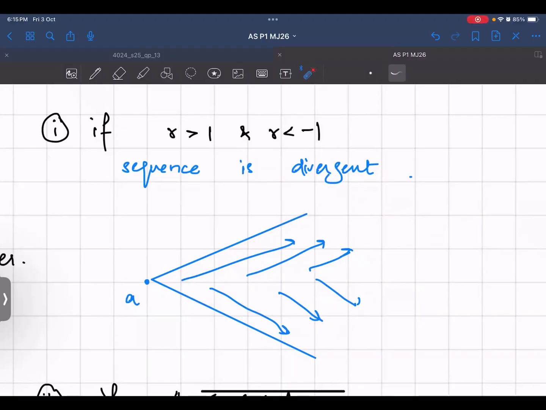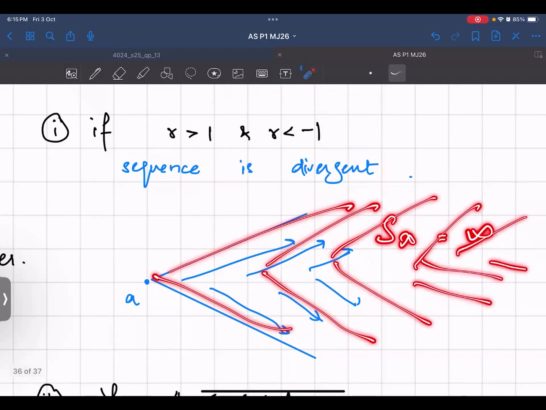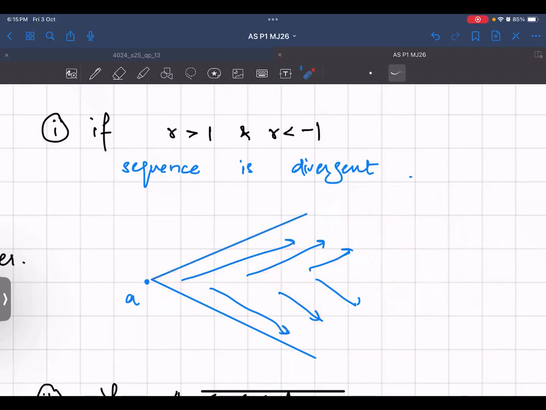When your sequence is divergent, your sum to infinity will be infinity, because the next term will be bigger than the previous one. They would just add up, and the sum would keep on increasing. So in this case, the sum to infinity is infinity, and infinity is not a number. It is an infinitely large value, which can increase as bigger than what you can think.